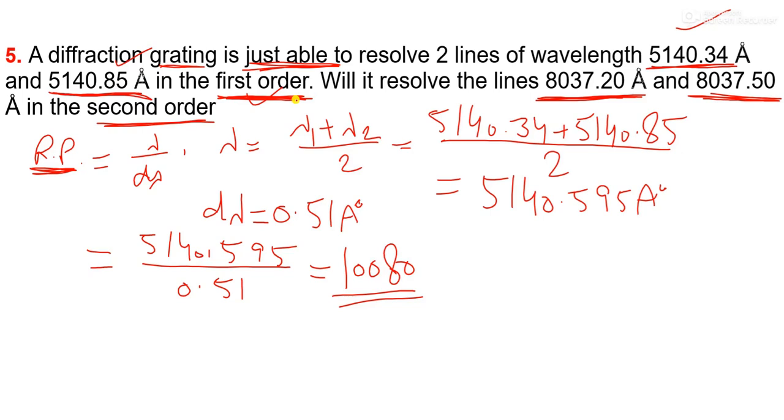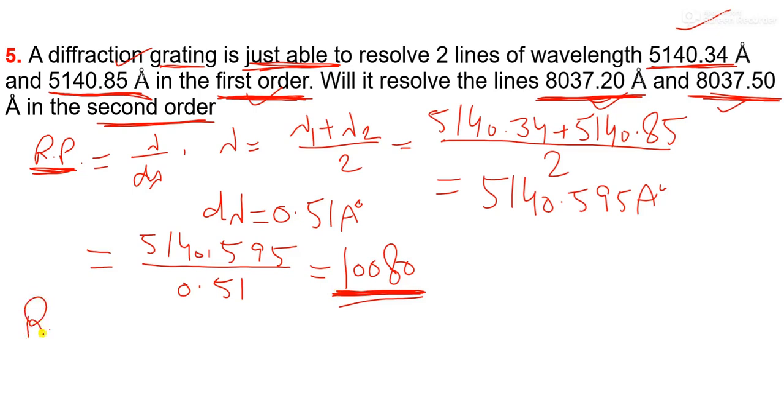Now the question is, will it resolve these two lines in second order? So first we have to calculate the resolving power of the grating in second order, and this is the resolving power in first order.